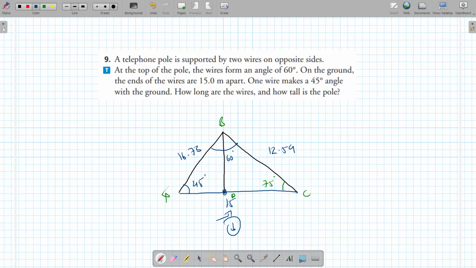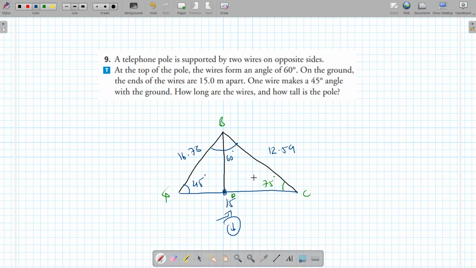Do we have enough information to find BD? You just use SOHCAHTOA on either triangle.